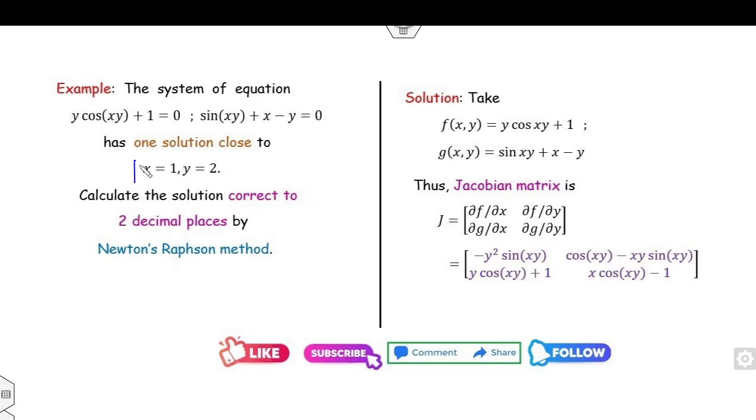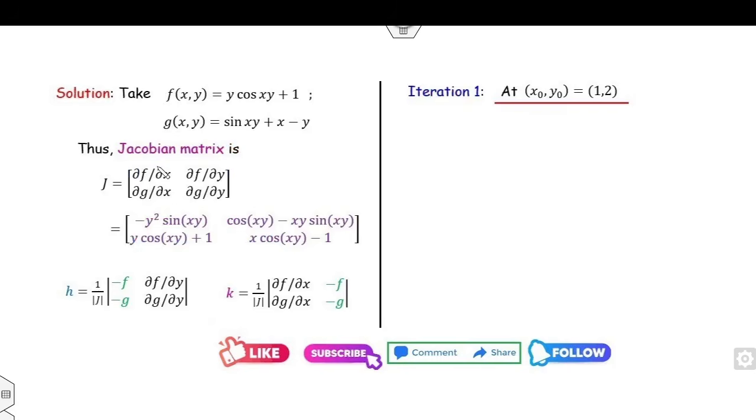Now since the initial points are given to you, I can start the first iteration at the point 1, 2. Can you find the value of f at the point x naught, y naught, and the value of g at the point x naught, y naught? But make sure, student, because this involves the cos, it is cos of 2 plus 1.